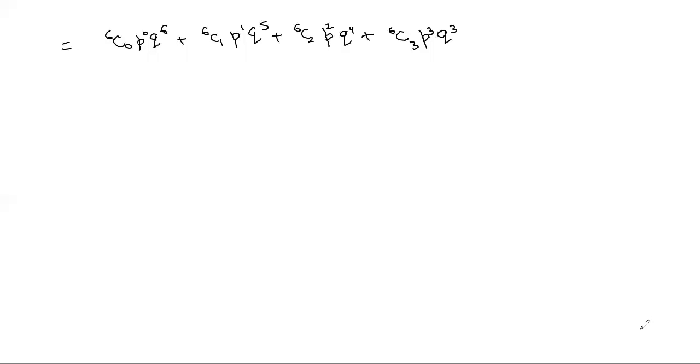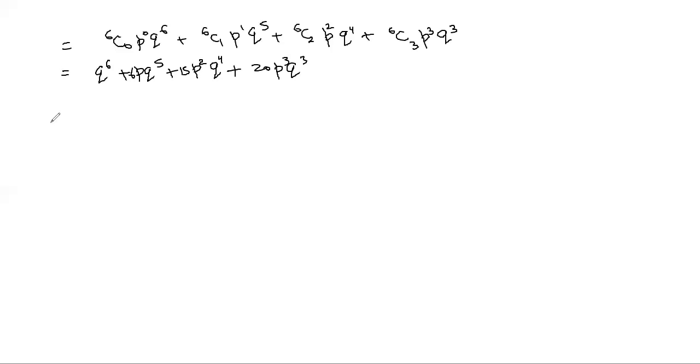So because it was at most 3 success, this particular summation will give us the correct answer, or it would be q raised to power 6 plus p q raised to power 5 plus p square q raised to power 4. Sorry, there should be a coefficient 6, and here the coefficient should be 15, and for 6C3 the coefficient comes out to be 20, and p cubed q cubed. On simplification, inserting each value, we can get the required probability.